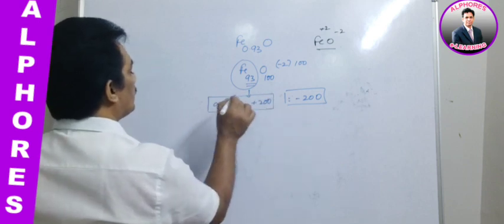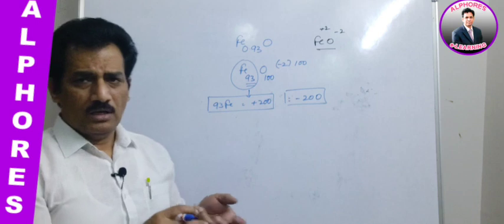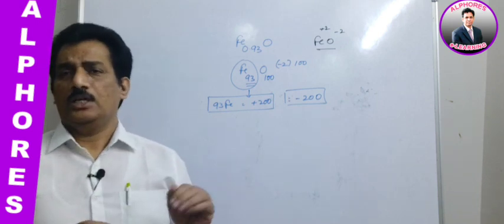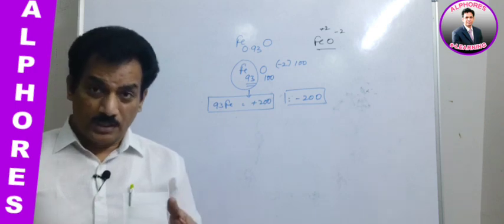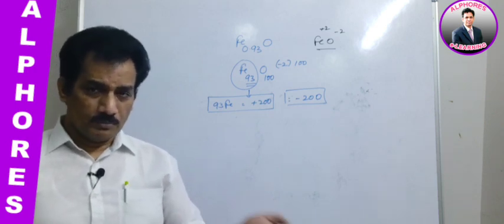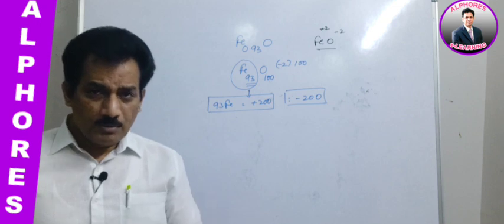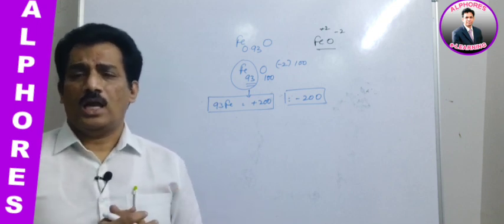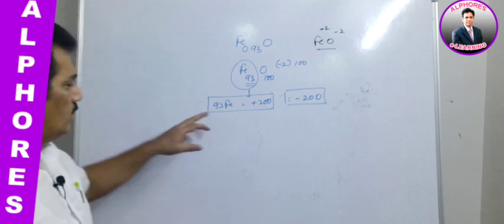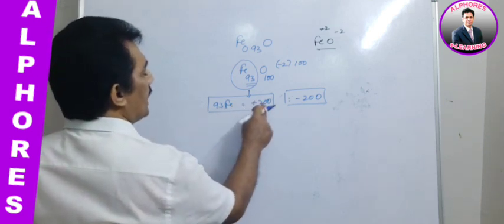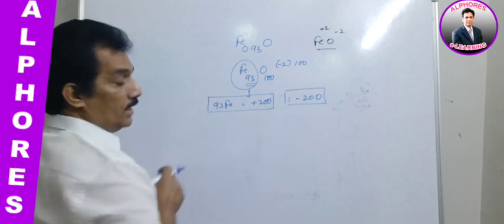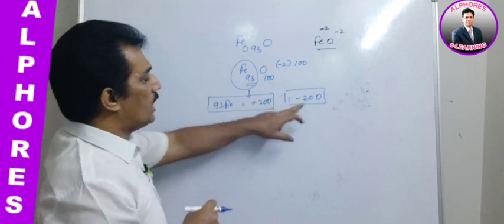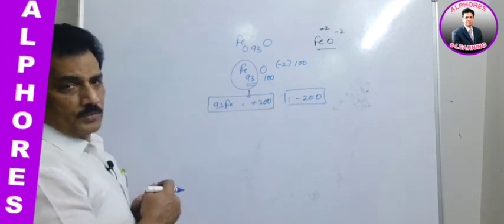Just try to understand this, because whatever metal they give, if they provide non-stoichiometric metal oxides or metal compounds and ask for the number or percentage of ions of different oxidation states, then you have to calculate in this manner. Clear? Now let us consider that 93 iron atoms have to cover +200 charge, because altogether these 93 iron atoms have to balance -200.